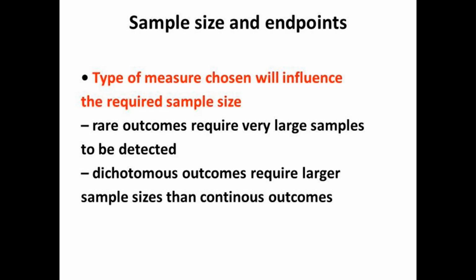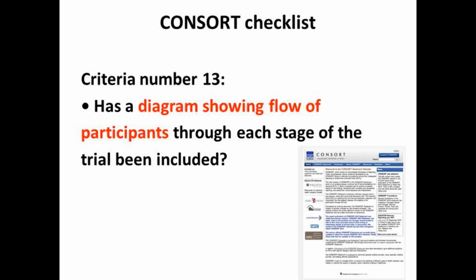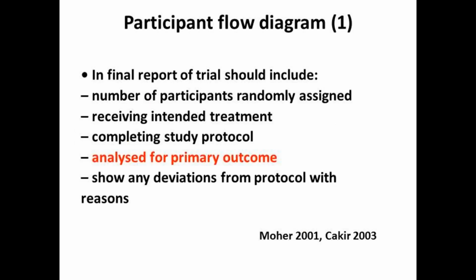The other point is to look at the diagram that can show to the participants what went on in your study and at which stage all the different patients have been included. This is again based upon the analysis of the primary outcome, and all the flow diagram should be conditioned looking at these primary outcomes.